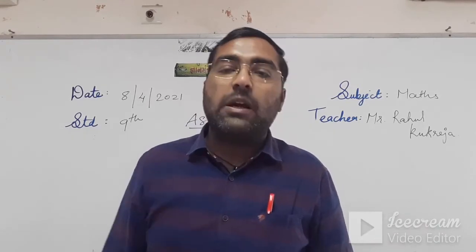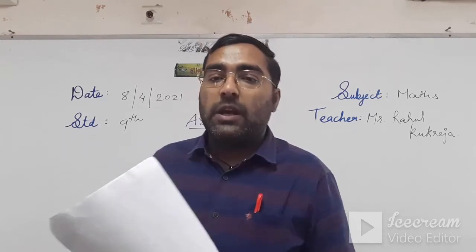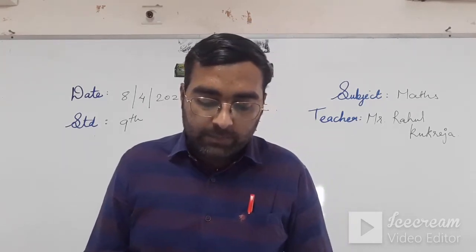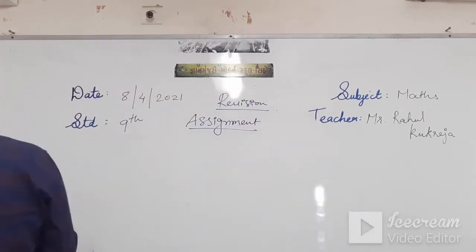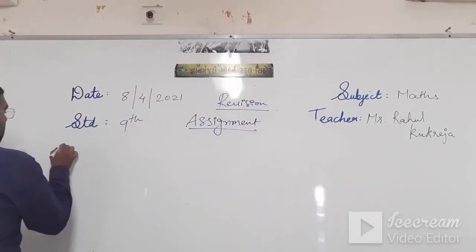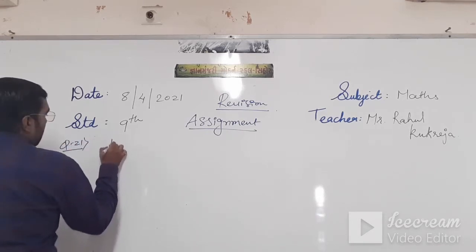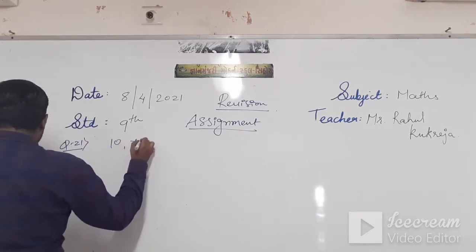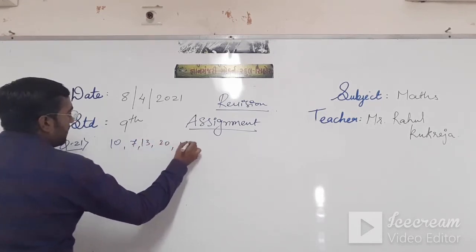आपको यहाँ पे क्वेश्चन में लिखा नहीं गया है, लेकिन आपको वहाँ पे लिख देना है फाइंड द मीन ऑफ दैट ऑल वर्क टाइम. ओके, सो क्वेश्चन नंबर 21. 10, 7, 13, 20, 15.